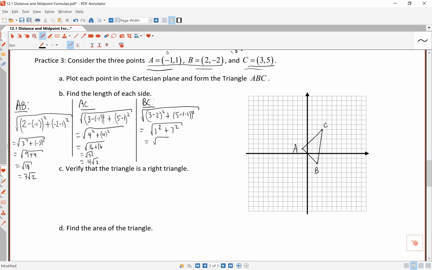That's the square root of 1 plus 49, or the square root of 50, which is 25 times 2, or 5 root 2.